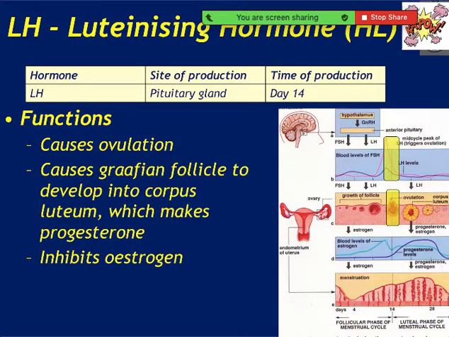So your egg gets released. It'll encourage the Graafian follicle to develop into the corpus luteum, the yellow body, which is going to make progesterone, and it will inhibit estrogen. So corpus luteum will make progesterone for you, and it inhibits estrogen.